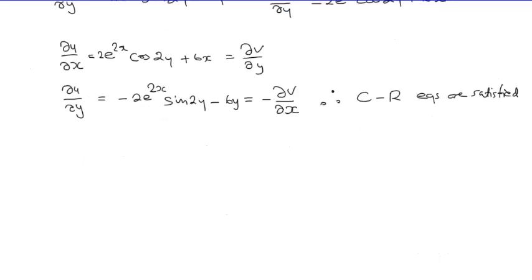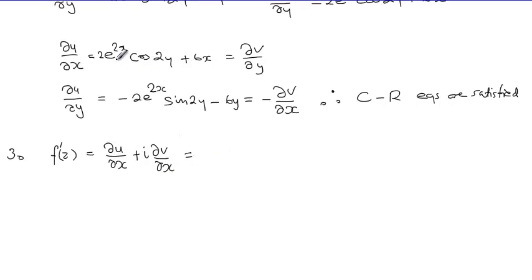Now proceeding to find the derivative, which in this case is our step number 3. We calculate f prime of z in terms of the partial derivative with respect to x, which is ∂u/∂x plus i ∂v/∂x.